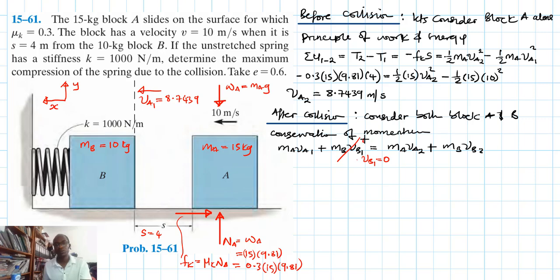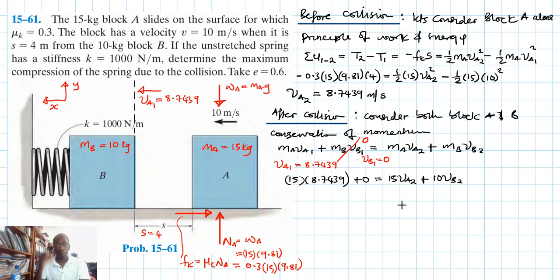And we also know that our VA1, we just calculated it as 8.743.